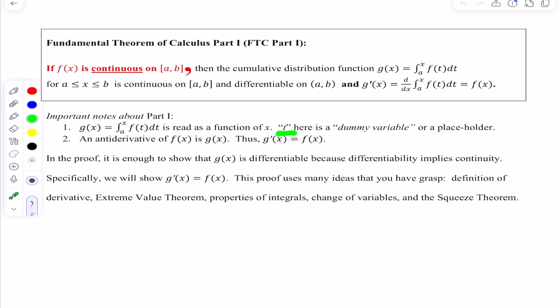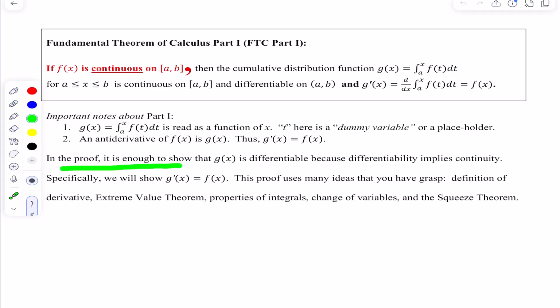T here is just acting as a dummy variable or a placeholder. An antiderivative of f of x is g of x. This is because the derivative of g of x gets you f of x. Once again, the derivative of g of x gets you f of x.